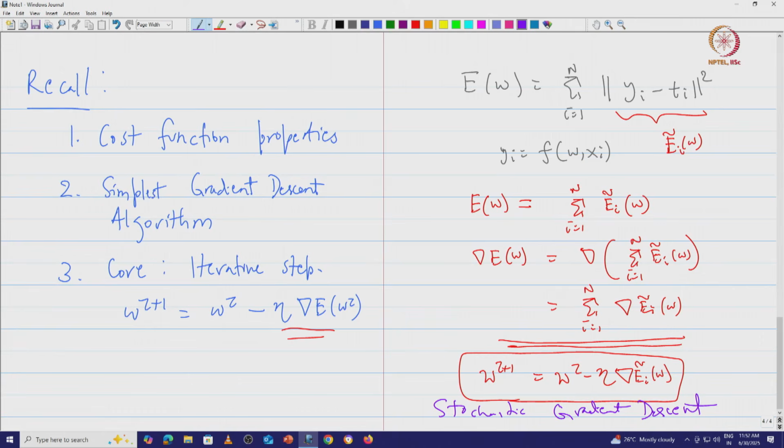So, how did we arrive at this? Why did we arrive at the stochastic gradient descent algorithm? Because we faced the computational bottleneck of having to compute over the entire training data.